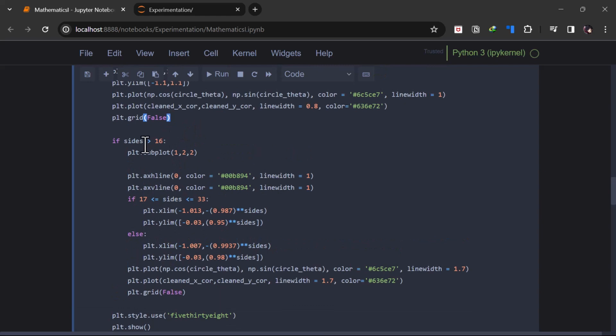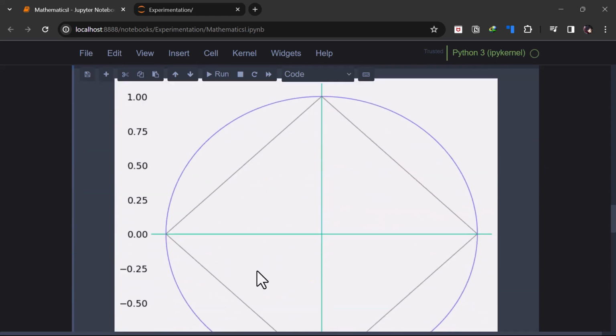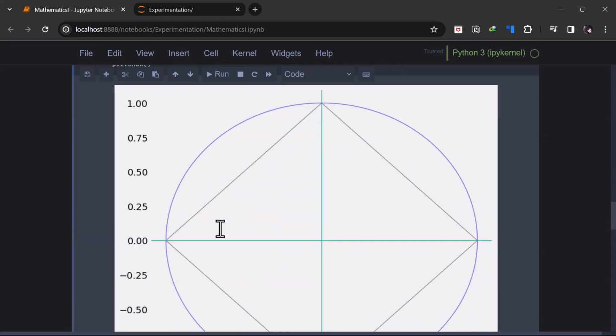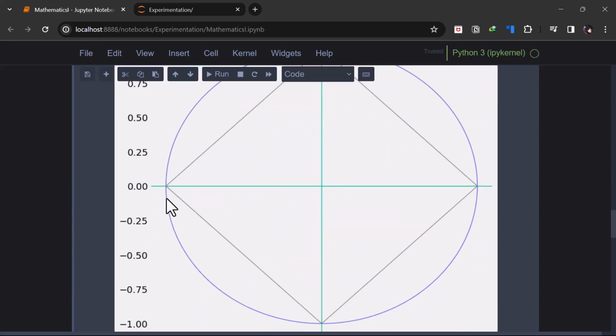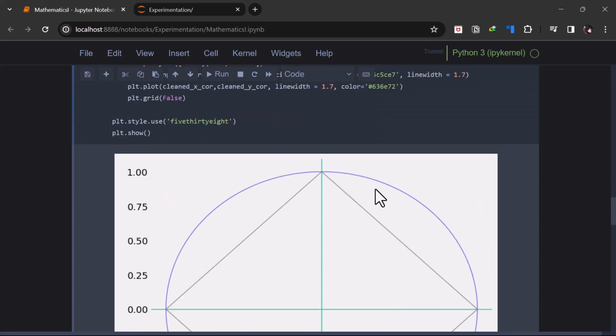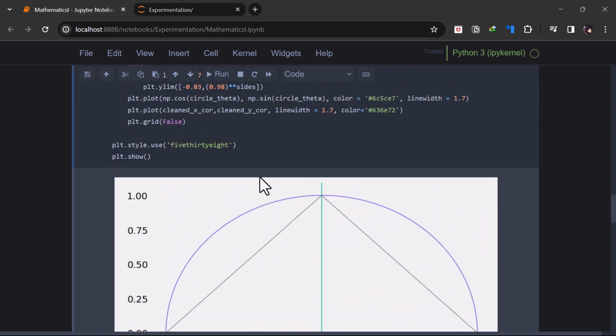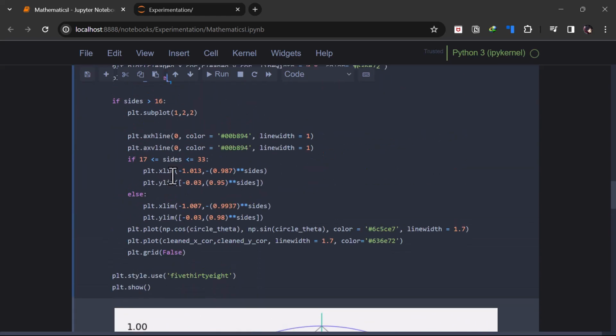When the sides become greater than 16, there's a subplot. I am using the subplot functionality of matplotlib to create two plots side by side. The other plot is actually a zoomed version. As you can see, the other plot is very, very zoomed.